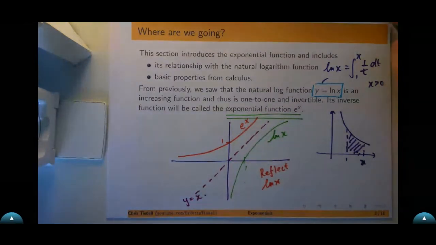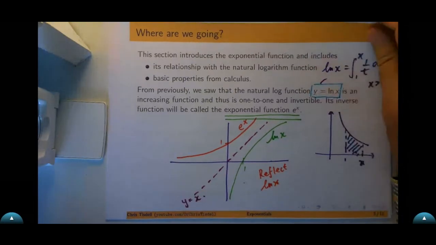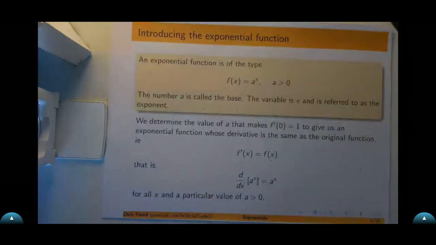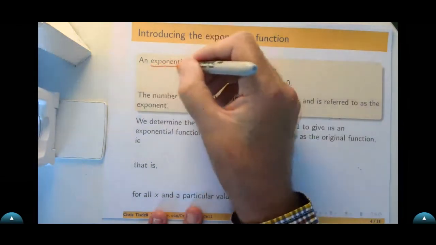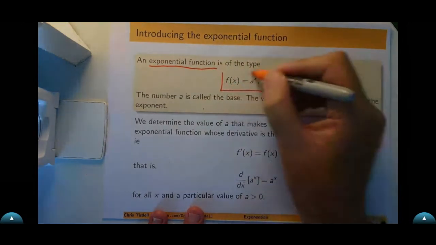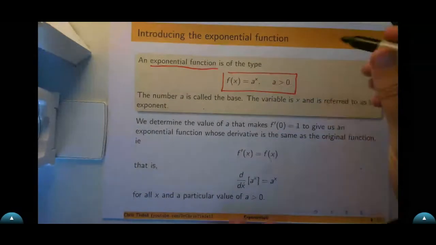Let's get into these exponential functions a little bit deeper and see where we go. What is this magic number e, and what are the other properties of it? We can talk about general exponential functions, and they're of this kind of form.